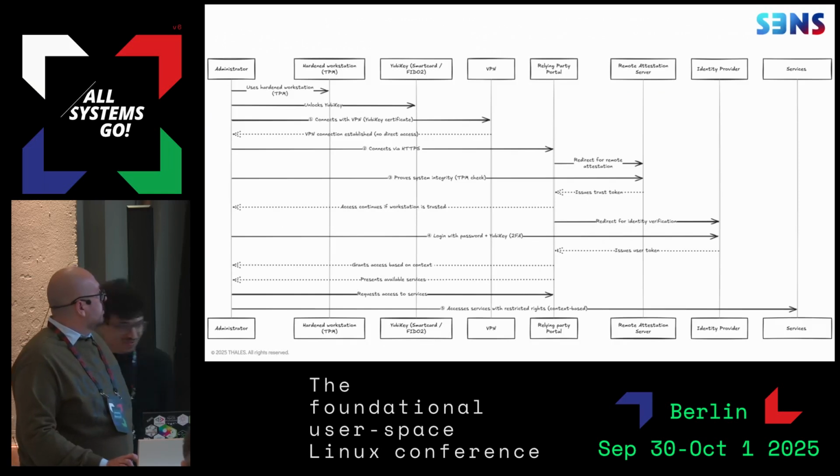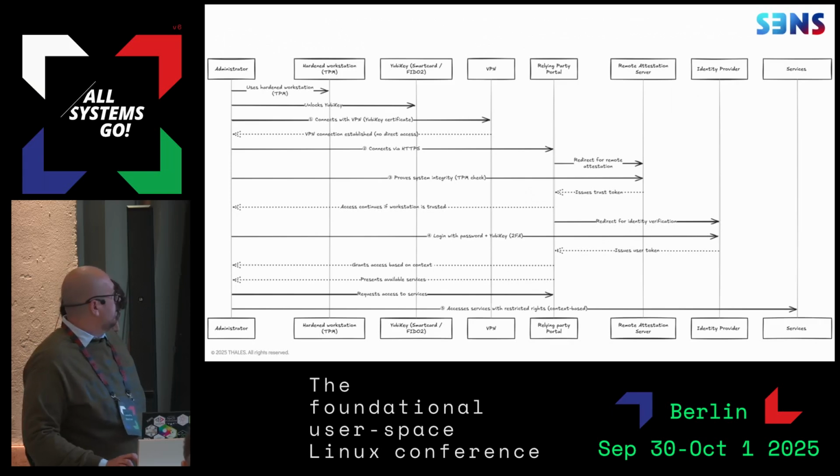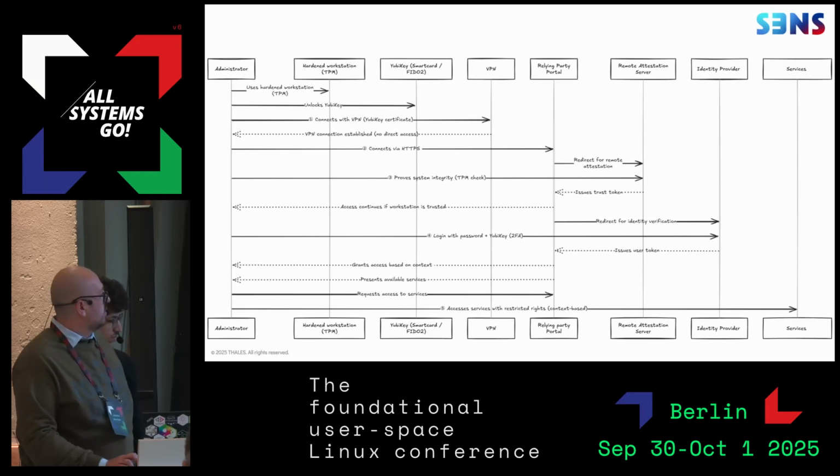So at the end, you have an administrator who will use a workstation with a TPM. He unlocks the YubiKey. Then he will connect to the VPN, but he doesn't have access to the infrastructure directly. He needs to perform the remote attestation.